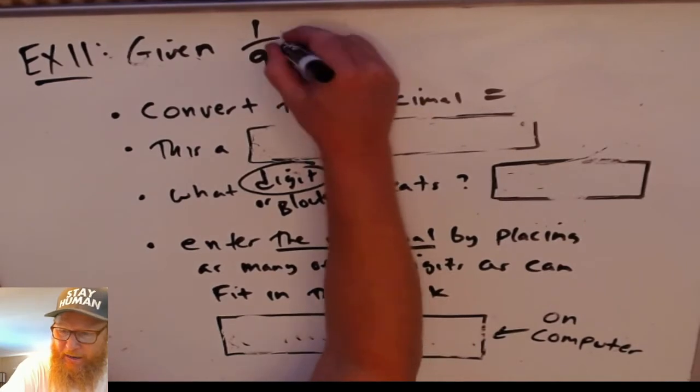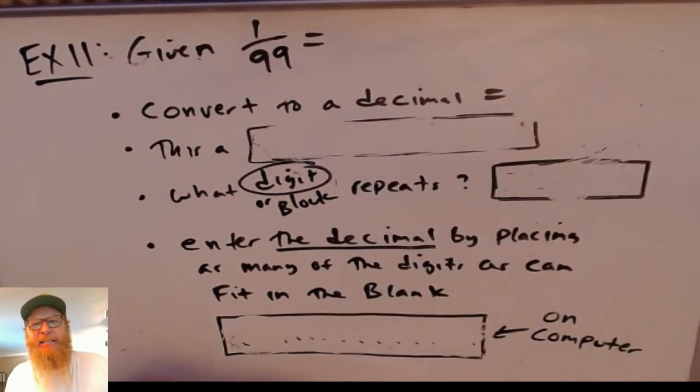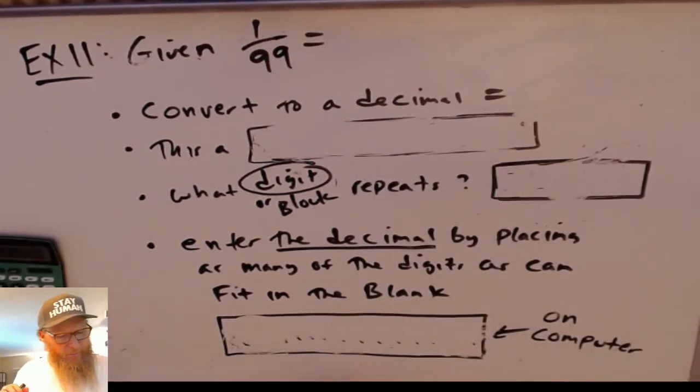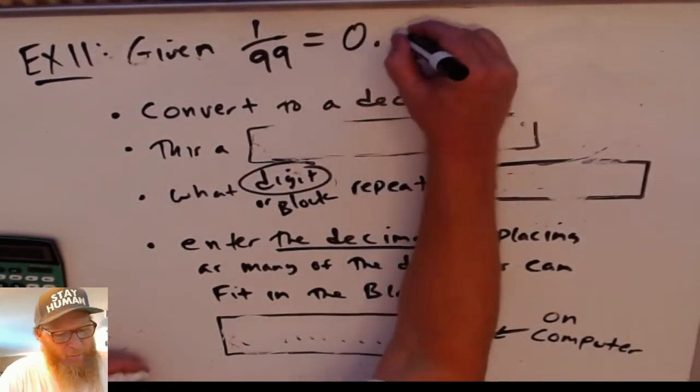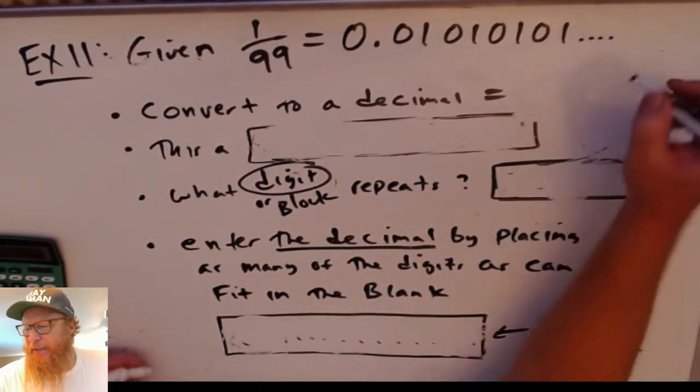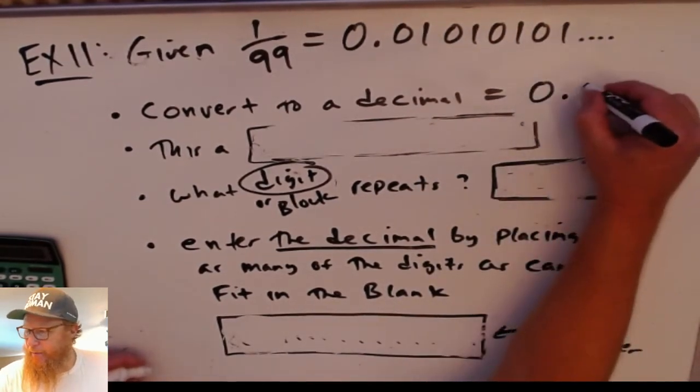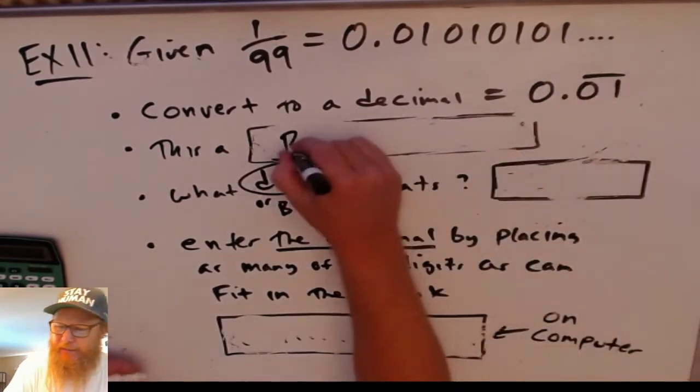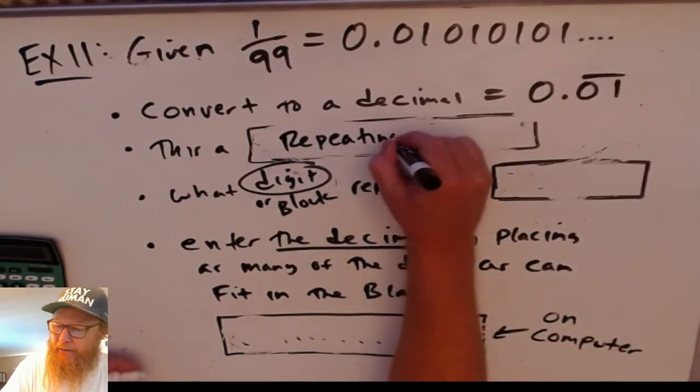So let's do 1/99th, 1 over 99. 1 divided by 99 is 0.01010101, etc., etc. So this is a repeating block.